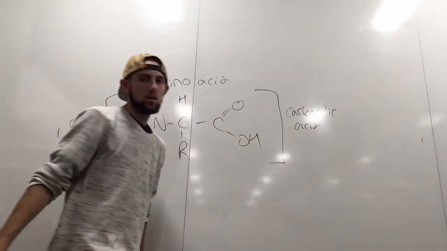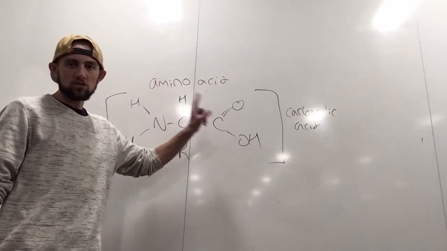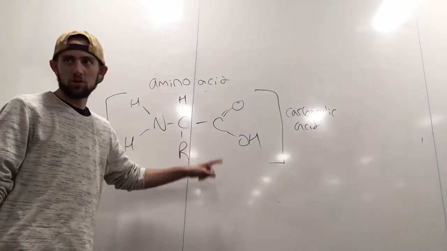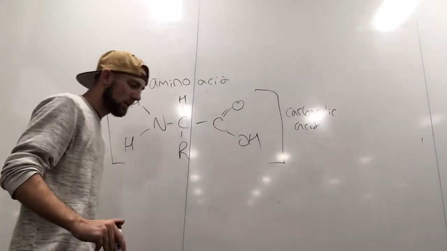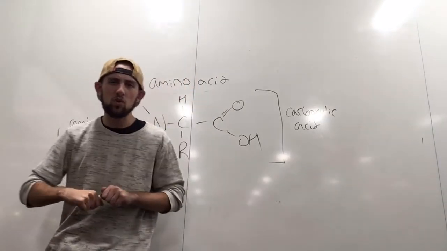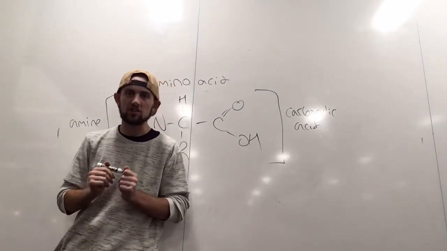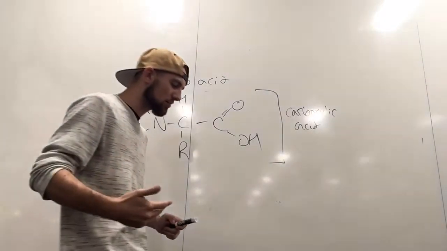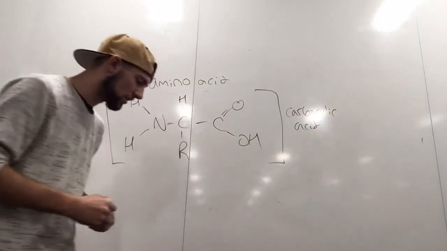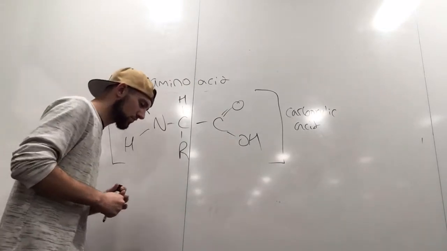Basically, double bonded oxygen with a hydroxide connected to a carbon. That's all you need to know. And if you want to go and watch Dr. Dini's video, he talks about the exception being cysteine, but he didn't talk about it in lecture, so I'm not going to go over it. Why is this important?